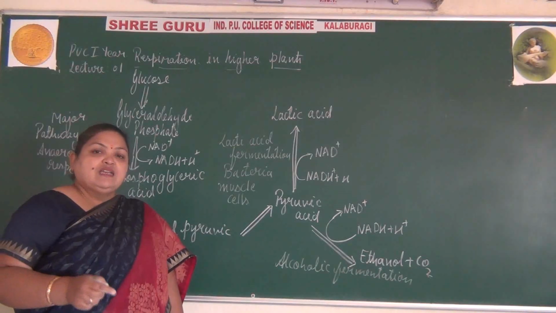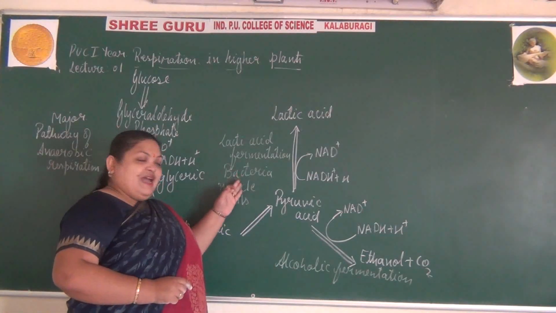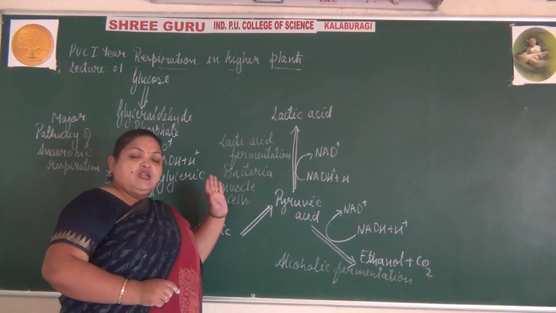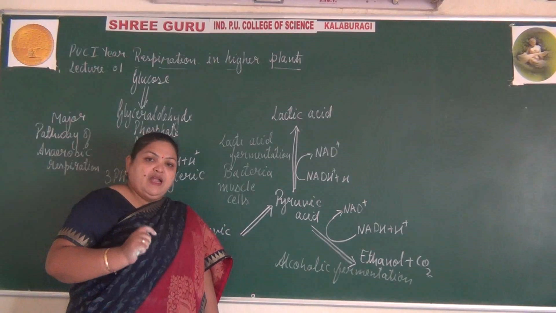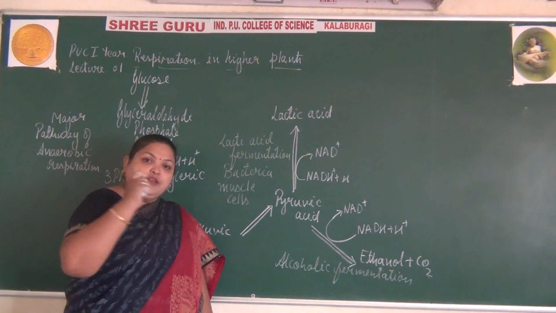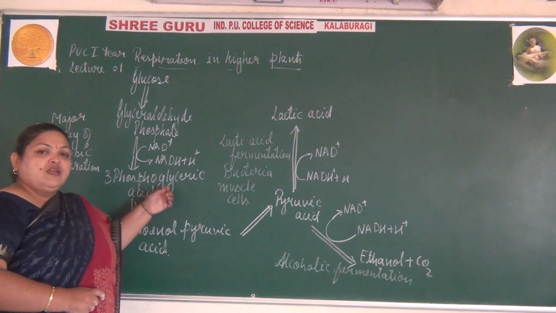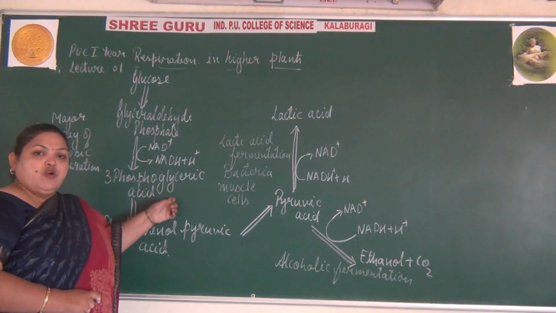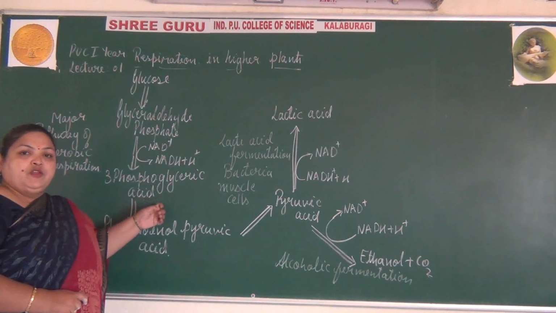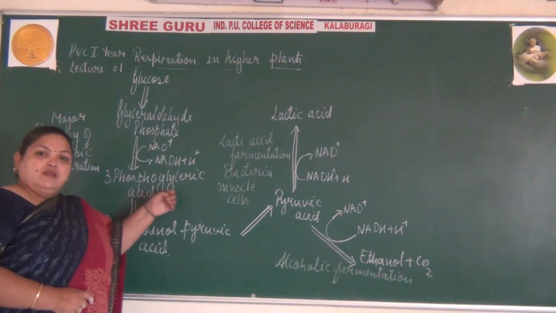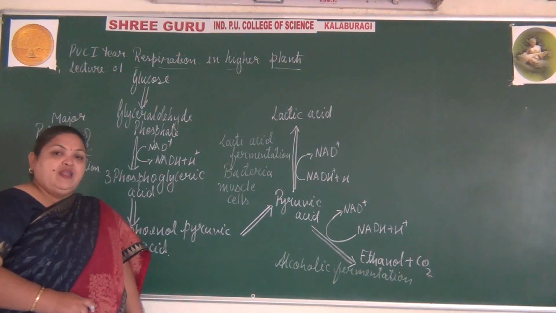So in the next class, we will deal first with alcoholic fermentation, lactic acid fermentation, and then go to the process of glycolysis. Until then you have to practice the schematic representation of the major pathway of anaerobic respiration. It is a 3-mark question that is usually asked.